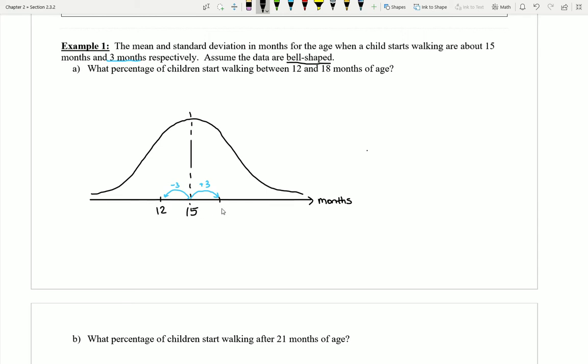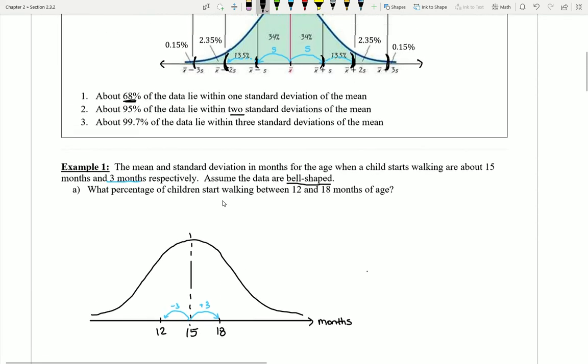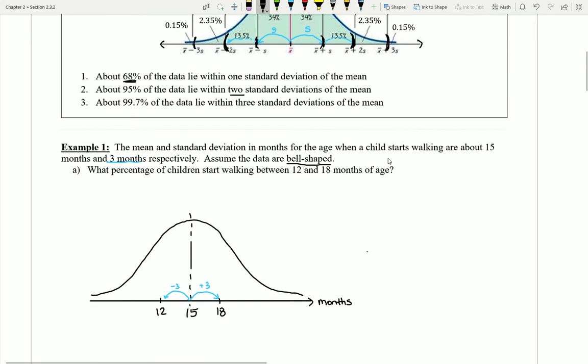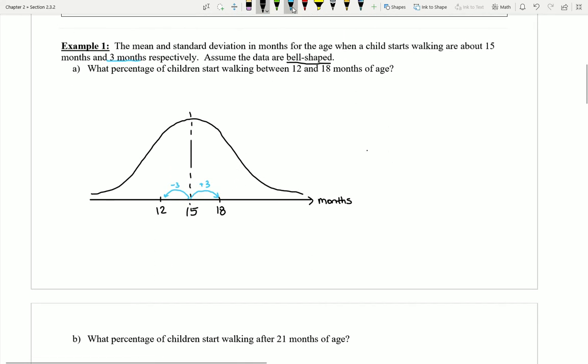So if I make one jump up and one jump down, if I move over one standard deviation, I get these values. Now, to recreate the picture I have up above, I should make 1, 2, 3 total jumps in either direction to fully label the picture. So I'm going to go ahead and do that.